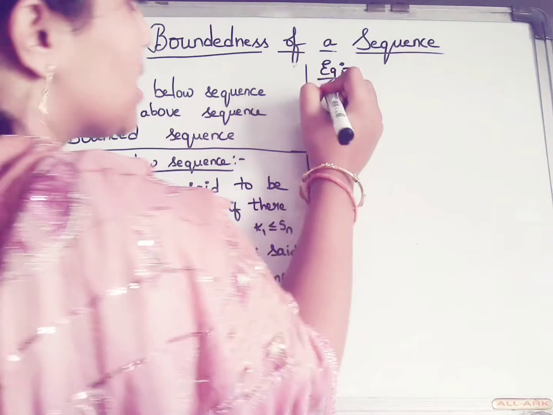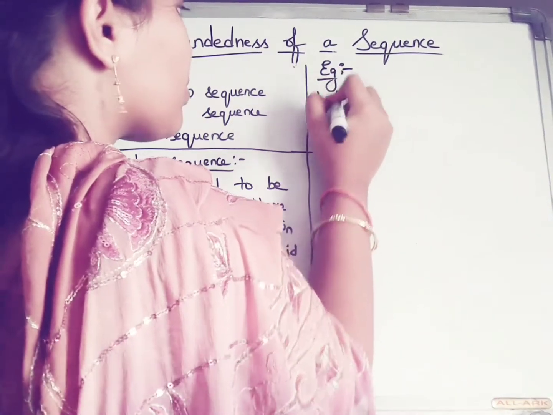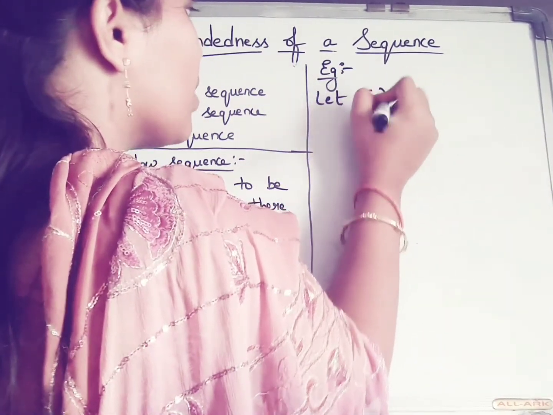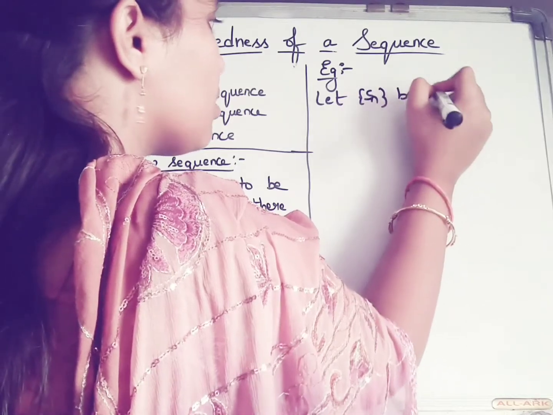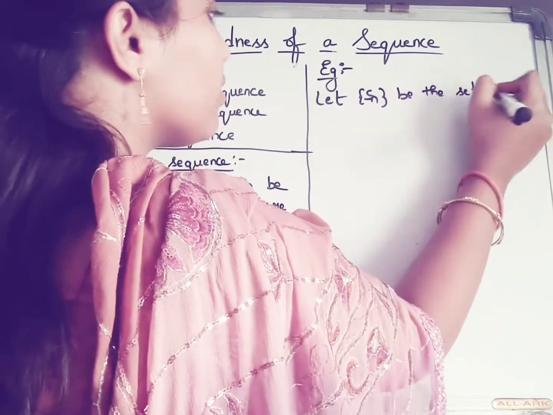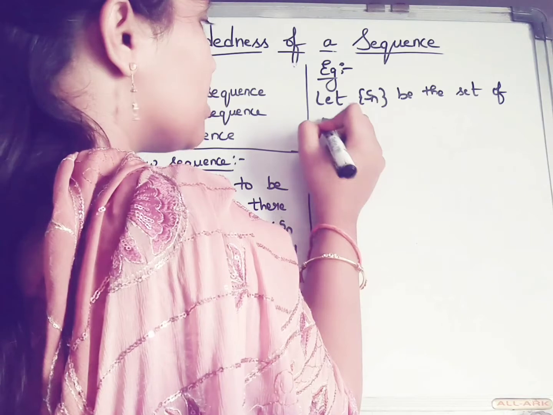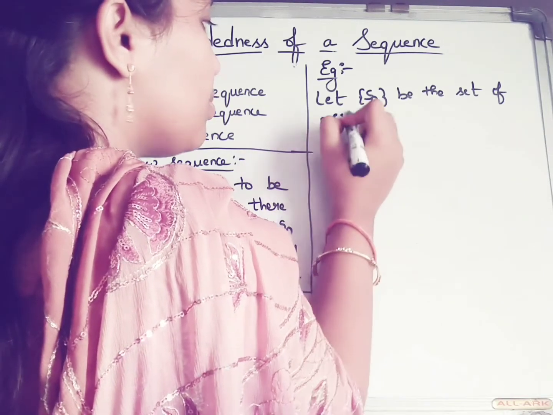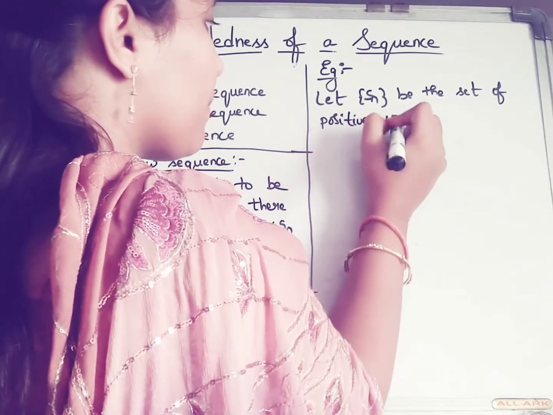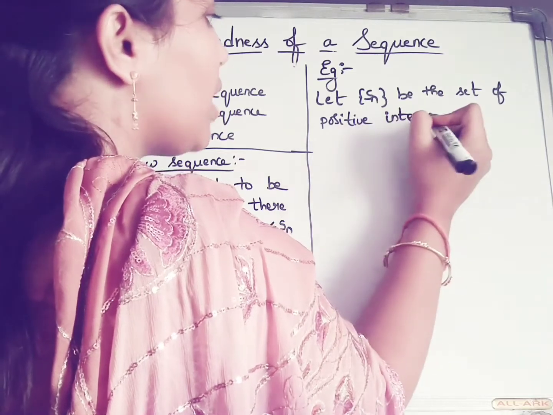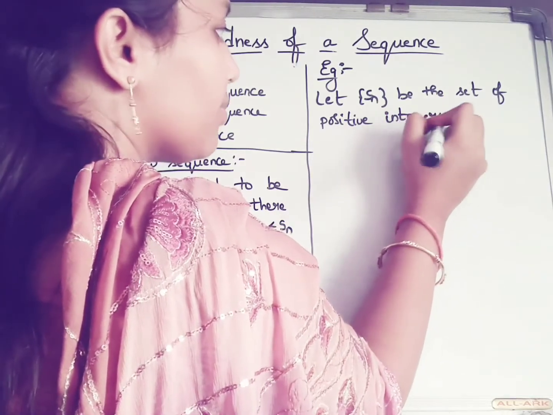Okay, examples are: let sequence Sn be the set of positive integers. Positive integers are nothing but 1, 2, 3 and so on up to infinity.